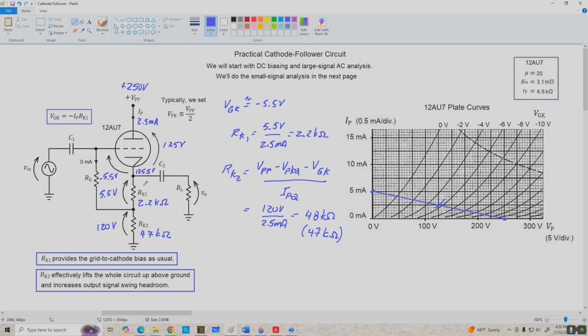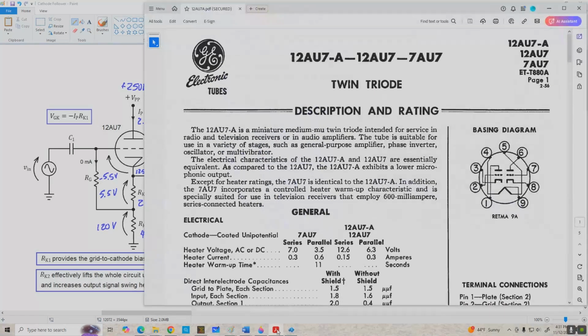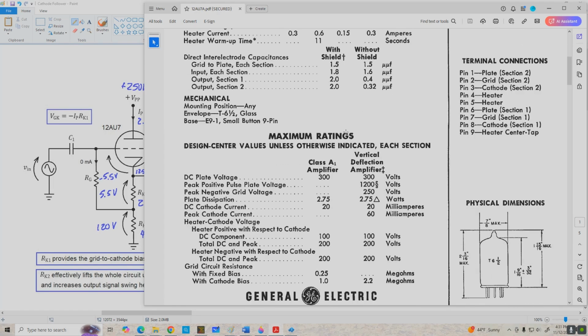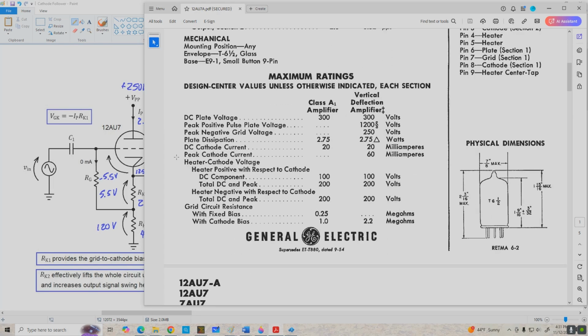So let me pull up the data sheet for the 12AU7 for a minute here, and if we scroll down to the maximum rating section, we've got heater to cathode voltage, and we can have a specification that's heater positive with respect to cathode or heater negative with respect to cathode.